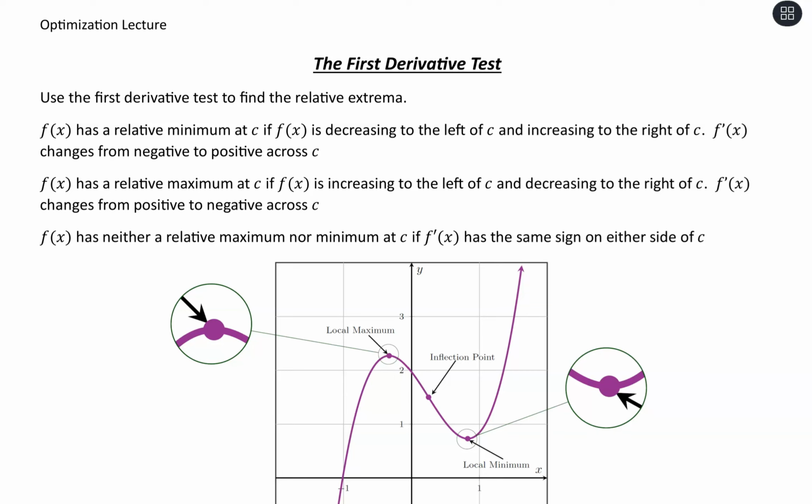With that, where it changes between increasing and decreasing is going to be important. These are called relative extrema, also called local minimums or local minima and local maximums or maxima.